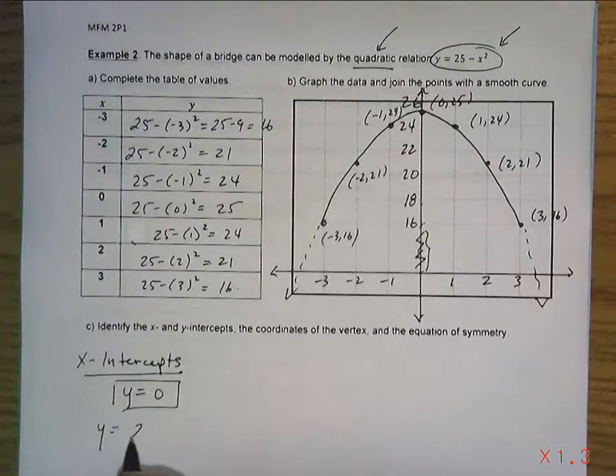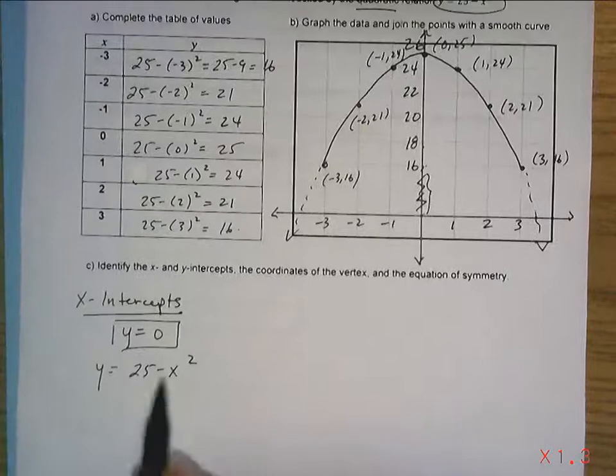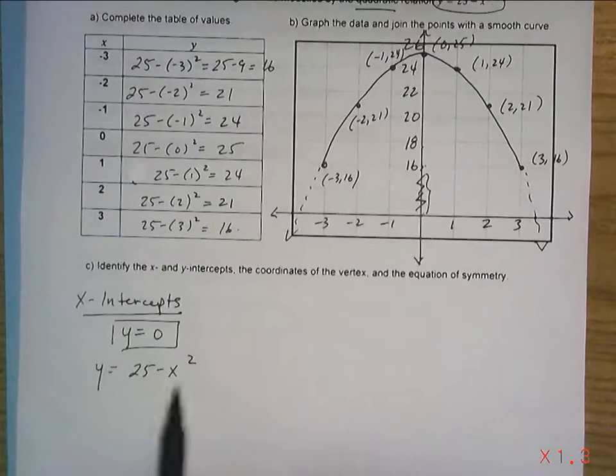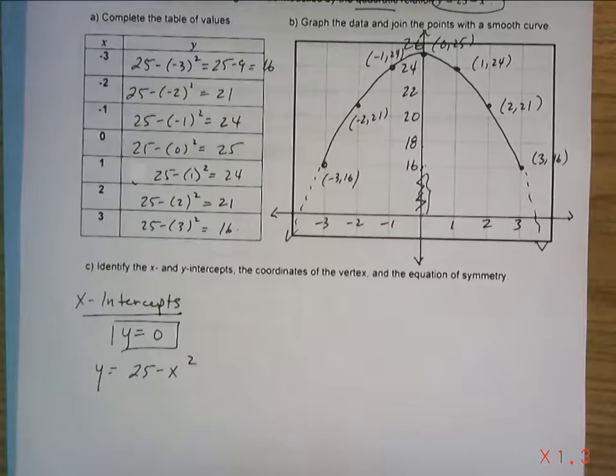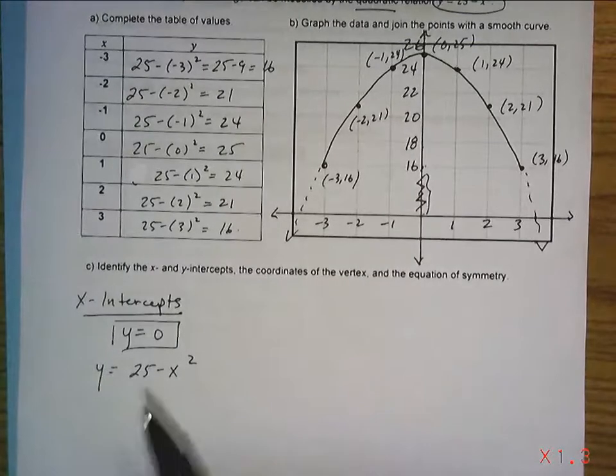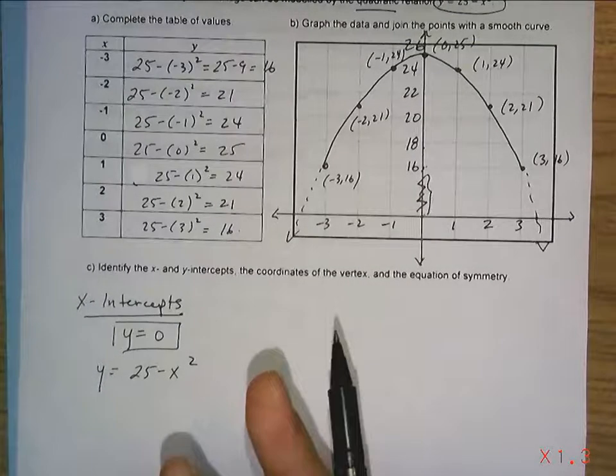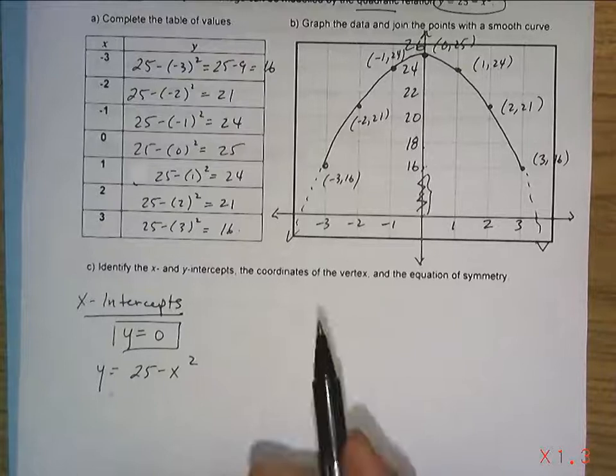So we have a couple of choices here. We can look at this and do a bit of a guess and check. We can say, okay, what value has to go in for x so that when we take it away from 25, it'll give us 0. Well, if you know your perfect squares, then you know that 1 squared is 1, 2 squared is 4, 3 squared is 9, 4 squared is 16, but 5 squared is 25.